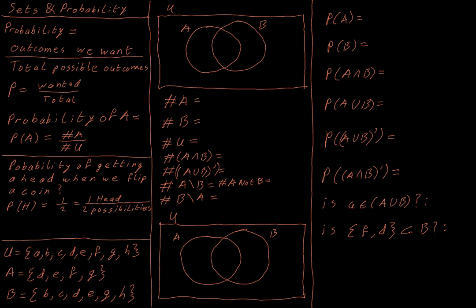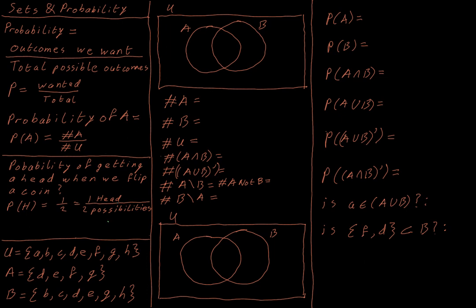Now, the probability of getting a head when we flip a coin, we instinctively know is a half. But how can we use what we've just talked about to define it? Well, it would be P of capital H. So probability of getting a head would be P of H, which is 1 out of 2, a half, which we already know, because when we flip a coin, we have one head out of 2 possible outcomes.